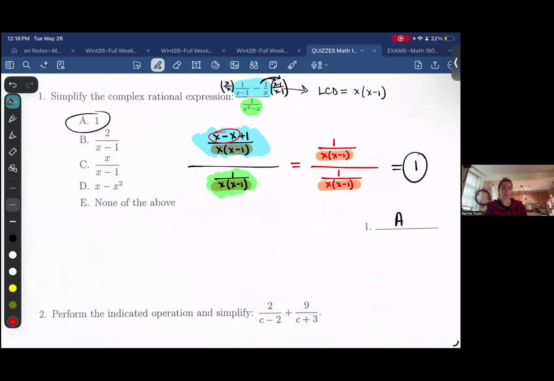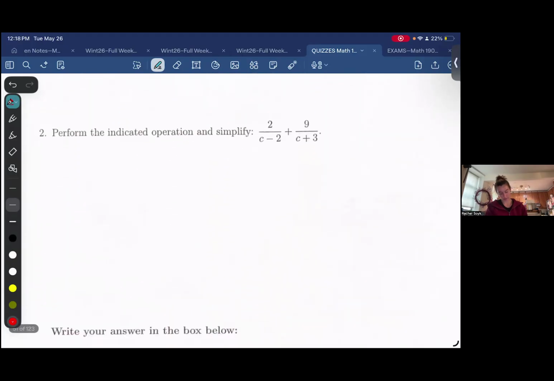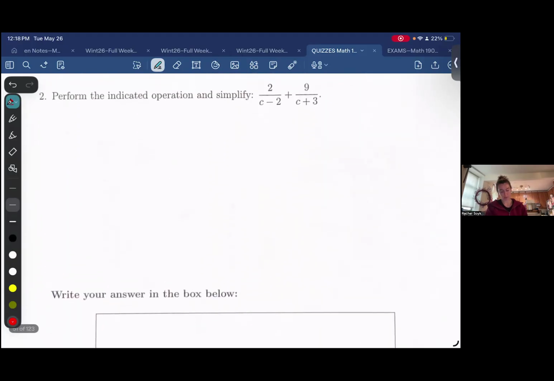Right. Let's go ahead and move on to question 2, where we're asked to perform the indicated operation and simplify. So our LCD here is just the product of c minus 2 and c plus 3.